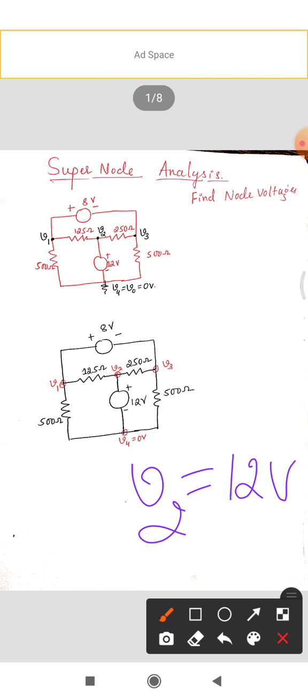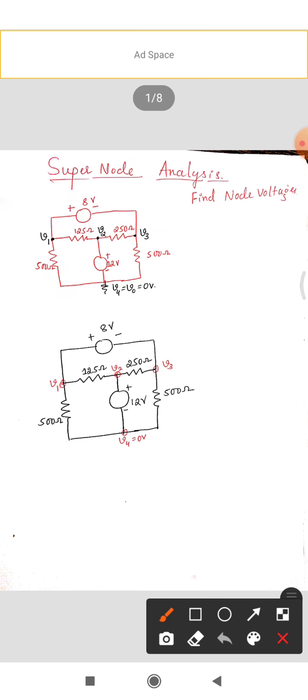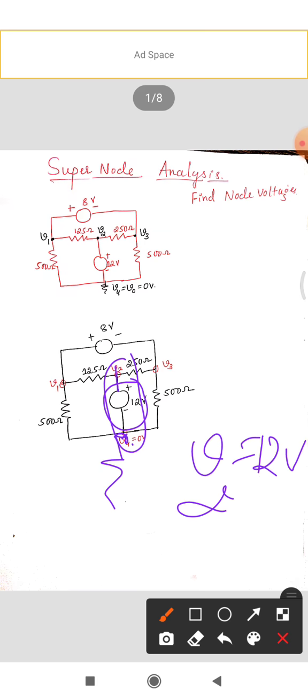V2 is nothing but your 12 volts, because an independent voltage source is connected between this node and the reference node, therefore you can take directly V2 equal to 12 volts.